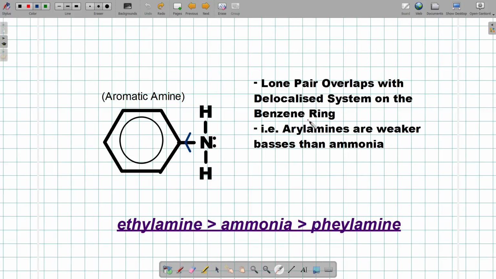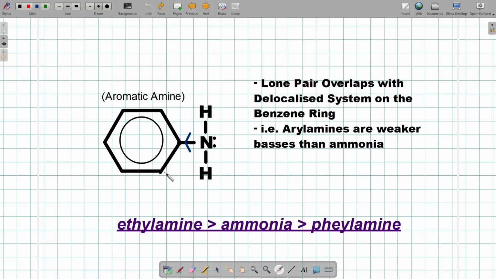So yeah, it might be good to go over aromatic chemistry before or after this video, just so you understand more easily. But what happens is the lone pair from the nitrogen overlaps, it gets pulled in by the high electron density ring that's formed in this benzene. Okay, and so it actually pulls away from the negative charge. There's no inductive effect which happens here because this isn't an alkyl group.